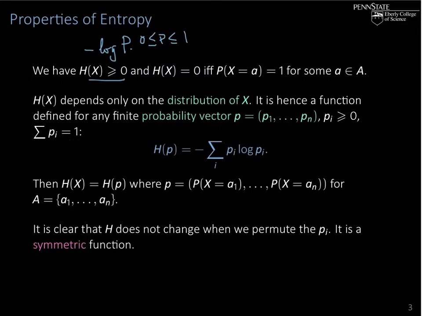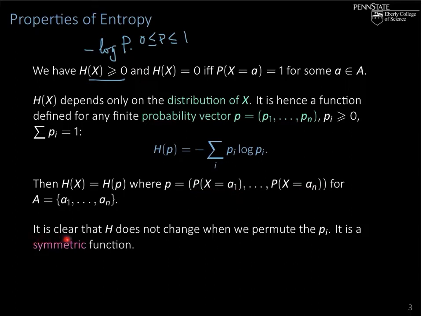In this sense, we can also regard H as a function of such P, and simply write H of P equals the negative sum of all Pi log Pi. So we will often write H of P instead of H of X, where P is the probability vector of the distribution of the random variable.